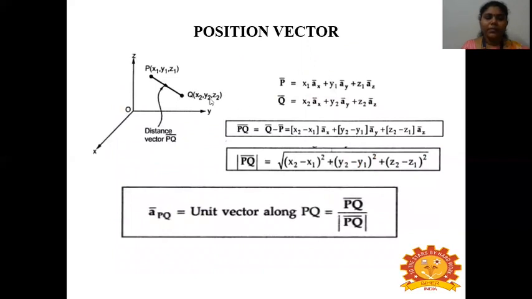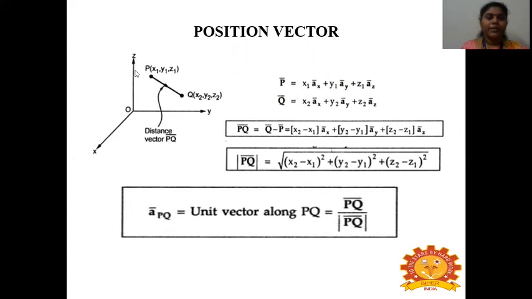Before that we have seen position of a single point. Now consider there are 2 points, that is point P and point Q. So the point P is represented in 3 axes, that is x1, y1, z1, and point Q lies in x2, y2, z2. So now we have to find out the distance between these 2 points. So this P and Q will make a PQ vector.